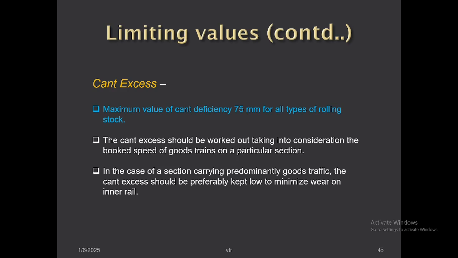There will be load distribution to the inner rail normally. Okay, when there is cant excess, the center of gravity, the weight of the body, will be acting towards the inner rail only. So more load will be distributed to the inner rail, and there will be more wear and tear of the inner rail component. Okay, that will be experienced maximum. This is something about the cant excess. 75 mm limit is there.